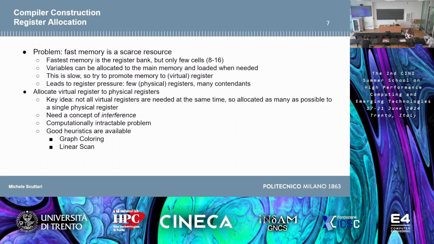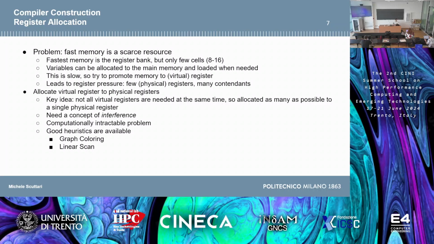To address this, the compiler tries essentially to decouple the problems. So it uses virtual registers in the intermediate representation. Virtual registers means that every variable is assigned a new register as if the machine had an unlimited number of registers, and then these virtual registers are mapped to physical registers. This mapping, unfortunately, is an NP-hard problem. So it's computationally unfeasible: an optimal solution cannot be found in a reasonable time frame.